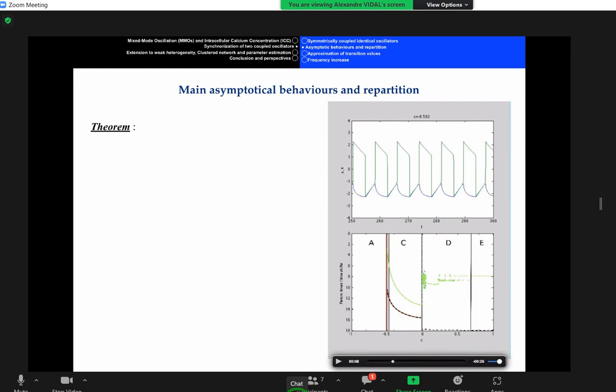Here, I have computed x1 and x2, but it would have been better to put CA1 or CA2. But of course, if you have a large oscillation in x1, it means that you have a peak of intracellular calcium concentration for O1. But you don't have a large peak for O2 in blue here. So this is one oscillator death.